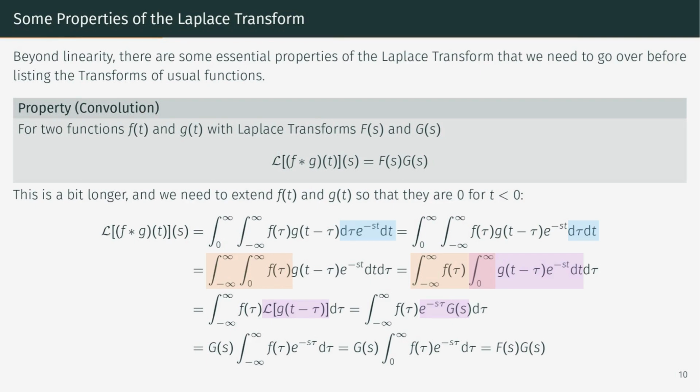We then separate the f of tau from the second integral as seen in orange, to get the integral of f of tau from negative infinity to infinity times the integral of g of t minus tau times e to the negative st d tau dt from 0 to infinity.